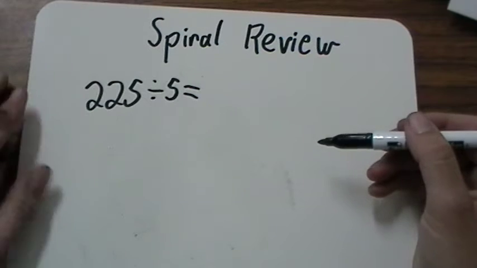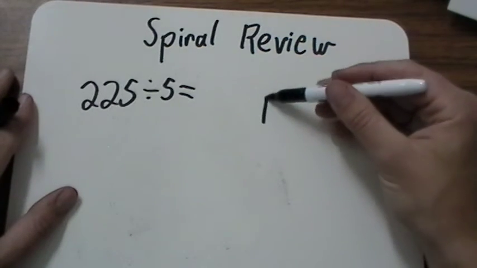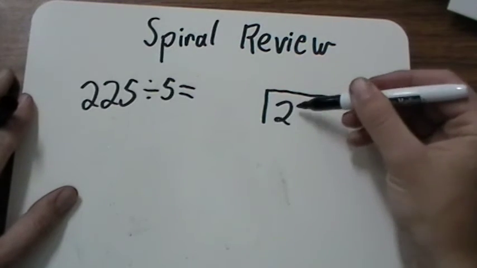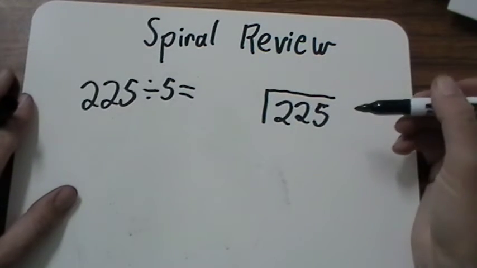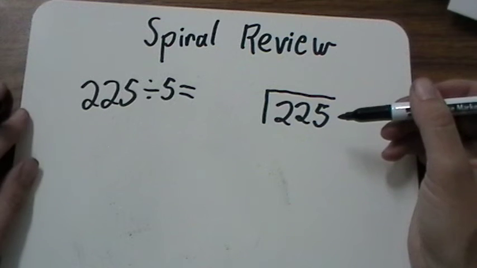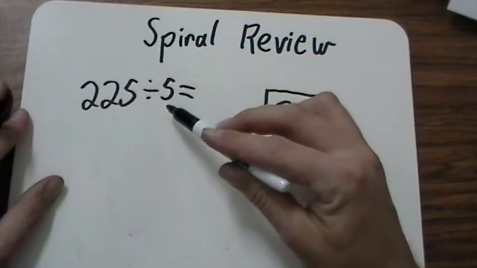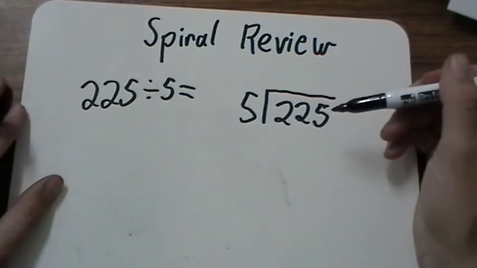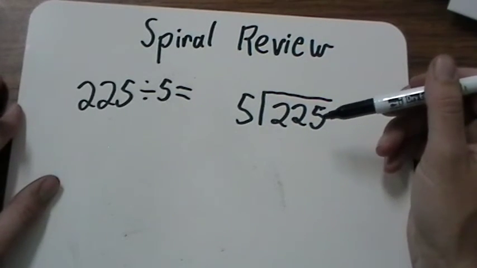I'm going to rewrite this like a long division problem. My dividend is the first number. That goes in the box. When you're working with division, the bigger number should always go in the box. That means my divisor is left over. That goes outside the box, and I'm looking for my quotient. What's my answer?